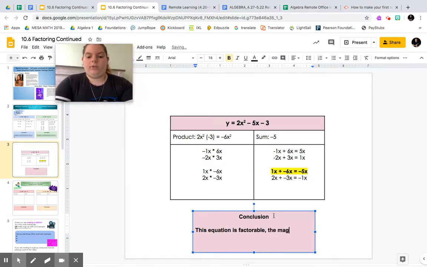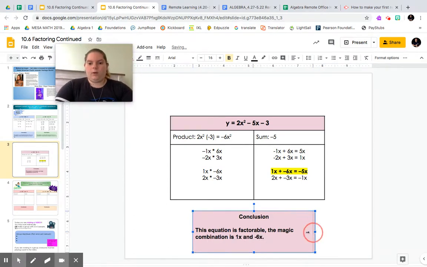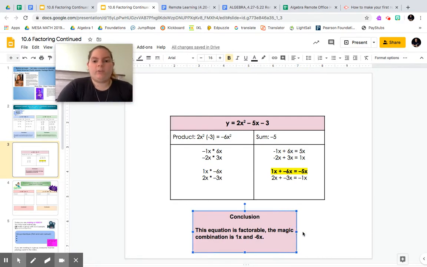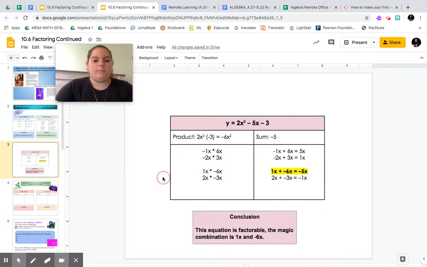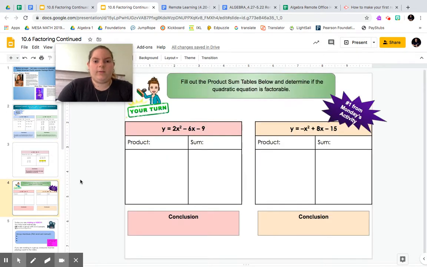The magic combination is 1x and negative 6x. Alrighty, and then from here, you guys could follow up and watch Ms. Kwong's video on how to complete the factoring if you need any assistance on factoring. If not, well then kudos to you guys, because we worked really hard on getting you to learn how to factor. And let's jump into today's activity.